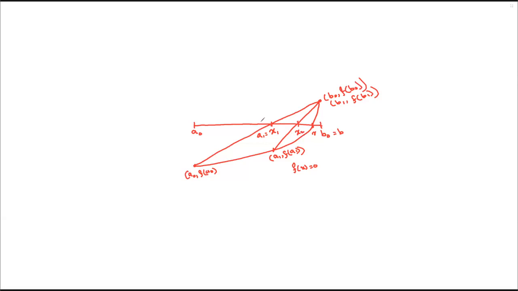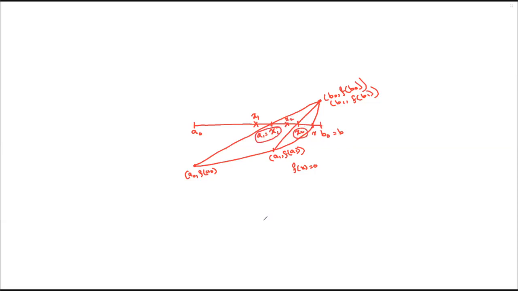You can see that you are going a bit faster to the root than how we would have gone with the bisection method. Remember, the bisection method would have taken x1 as this and x2 as this and so on, whereas your new idea is a little faster in approaching the root.